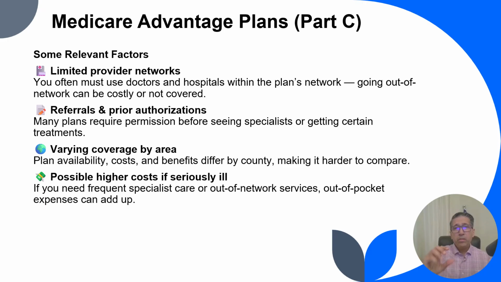So if you keep seeing providers out of the network, you will incur extra costs. If you require multiple specialist visits or unexpected emergency care outside the network, you could pay hundreds or even thousands more than expected. So the key here is to stay within the network if you want to save money.